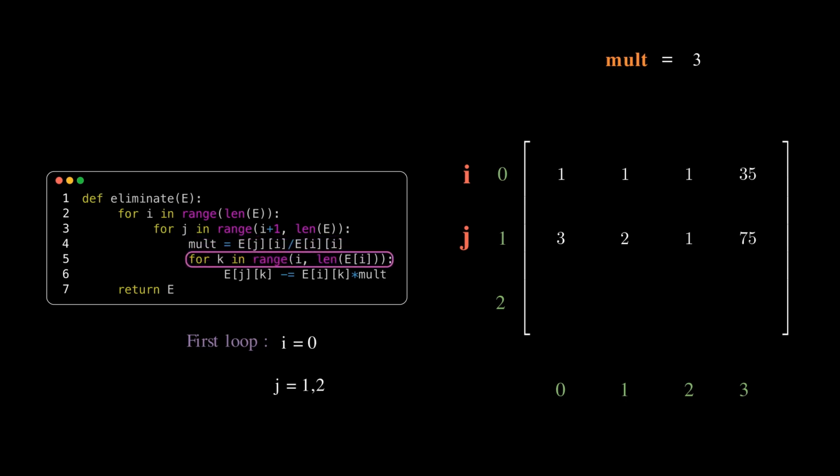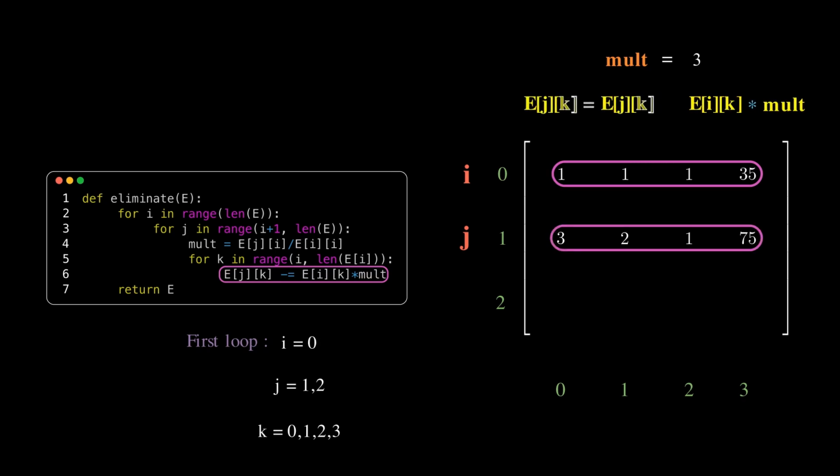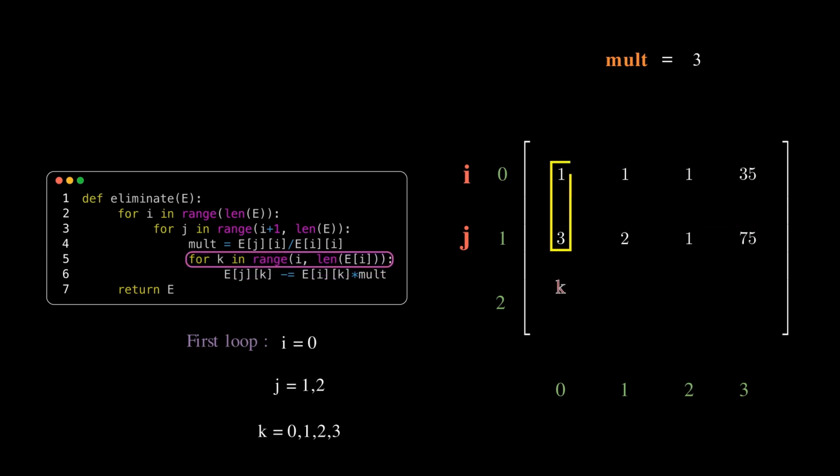Here comes our k loop. Its value ranges from 0 to 3 as i equals 0, and len Ei equals 4. The k loop will multiply each element of the ith row by the multiplier constant, subtract it from the corresponding element of the jth row, and update the value simultaneously. At first, k is 0, so we will multiply eik, which is e00, by the multiplier constant, and subtract it from ejk, which is e10.